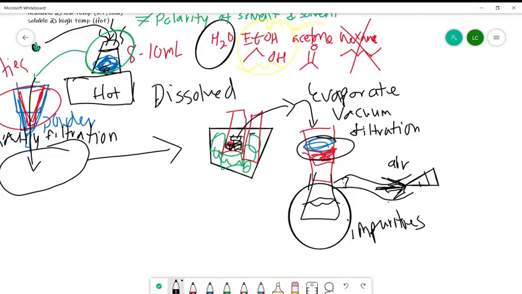So that's the main difference. They're kind of opposites, vacuum filtration and hot gravity filtration. And then once you had that, you got your recrystallized product, and then you weighed it, and then you did mixed melting point analysis.